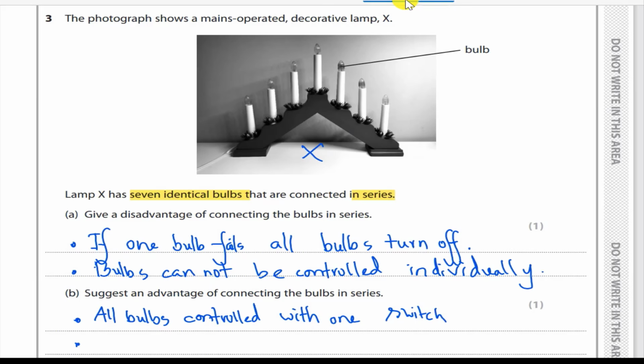Another, you can write, the circuit is simpler.